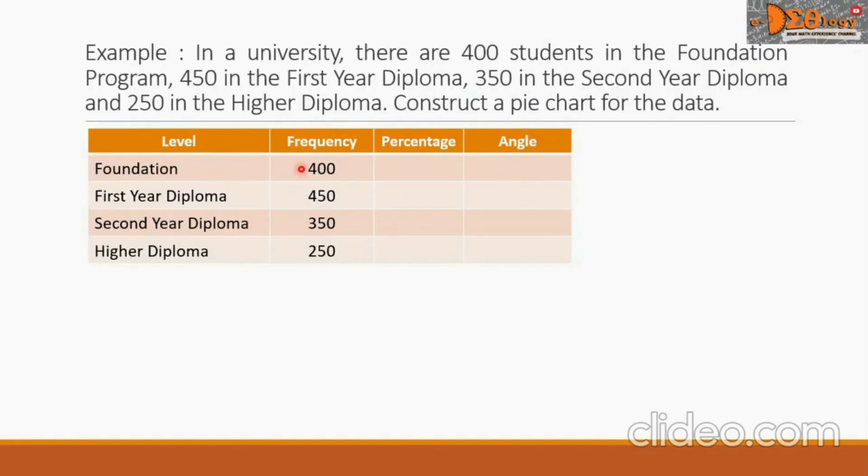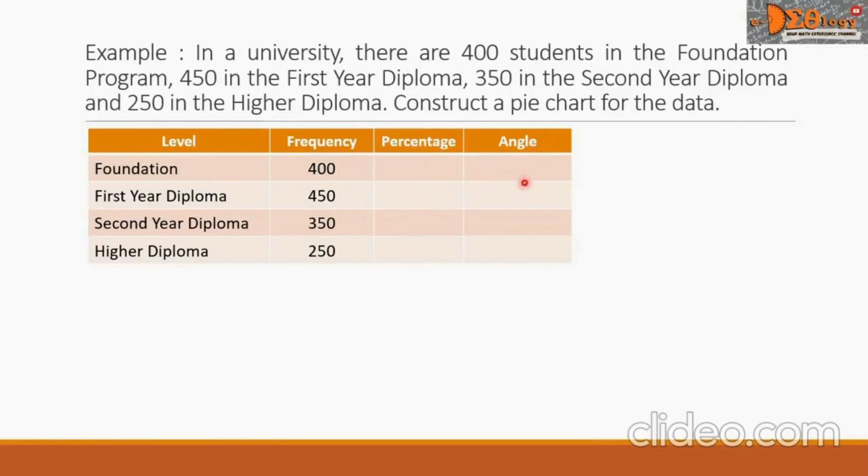There are 400 students in the foundation program, 450 students in first year diploma, 350 students in second year diploma, and 250 students in higher diploma. There are 2 additional columns, namely percentage and angle, that we're going to fill in.